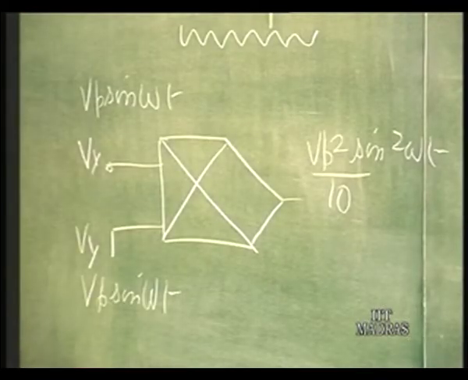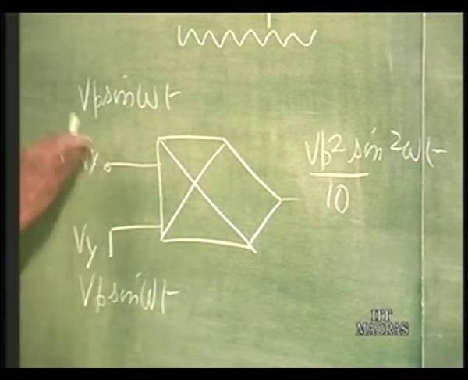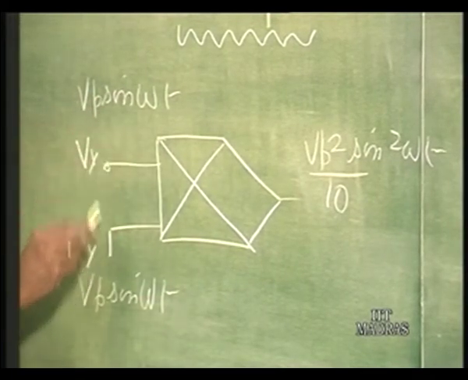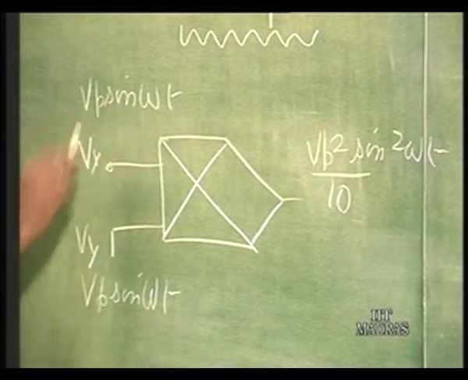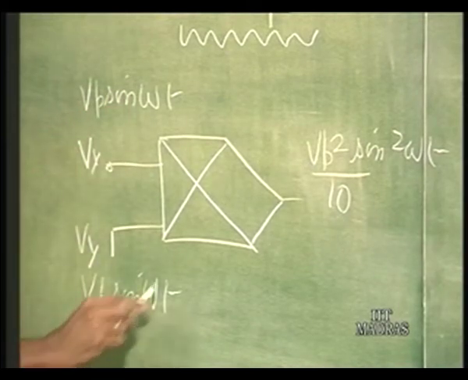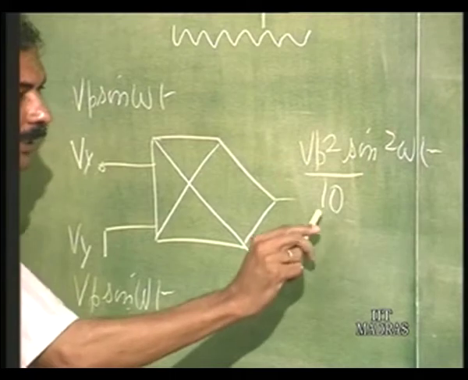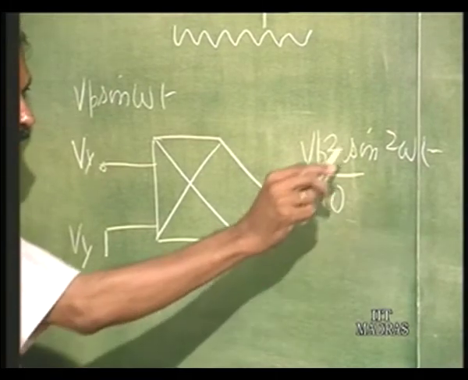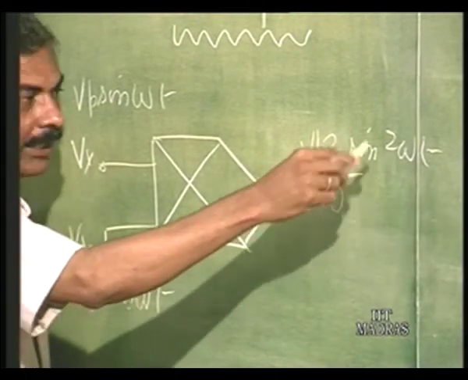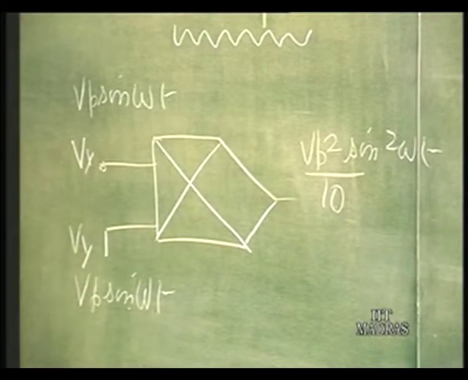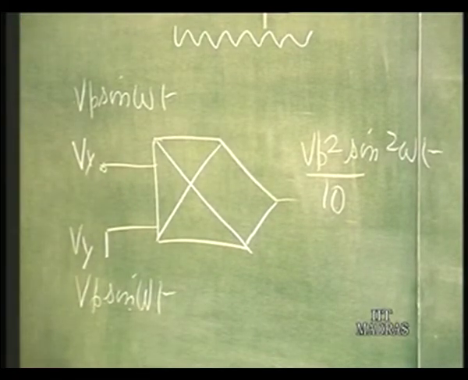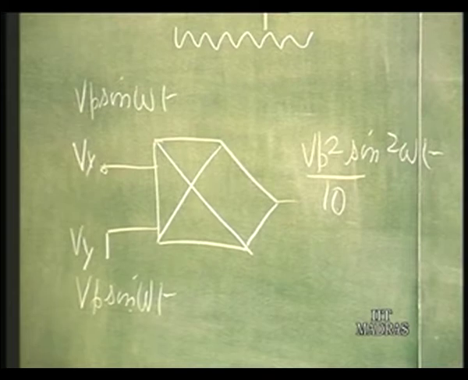Now, we will demonstrate another application of the multiplier wherein the same input is fed to both Vx and Vy, Vp sin omega t, Vp sin omega t. Output will be Vp squared sin squared omega t divided by 10, which means it will have a DC component and a 2 omega t component. This is going to be therefore its application as a frequency multiplier.